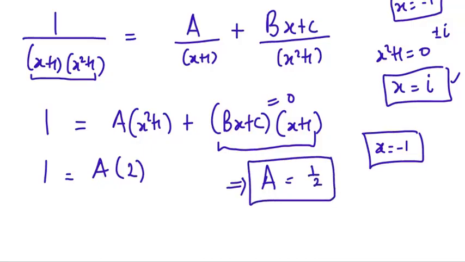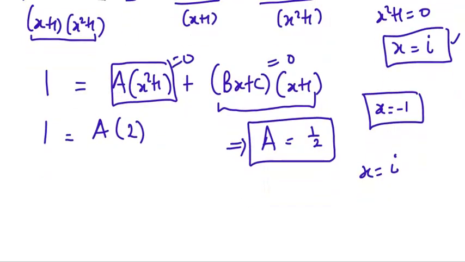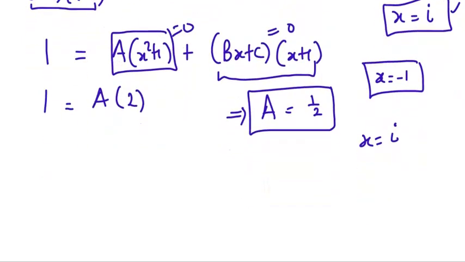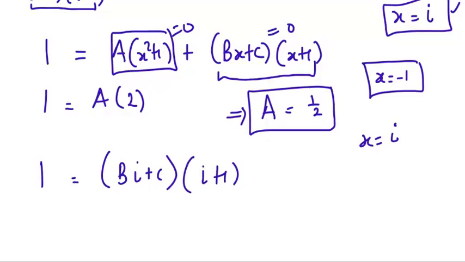We need to solve for b and c. We let x equals i. We know with i, this place turns out to be 0, right? And at the left hand side, we now have 1 equals bi plus c, then into brackets i plus 1. So b times i times i is i squared, which is negative 1, so we have negative b.